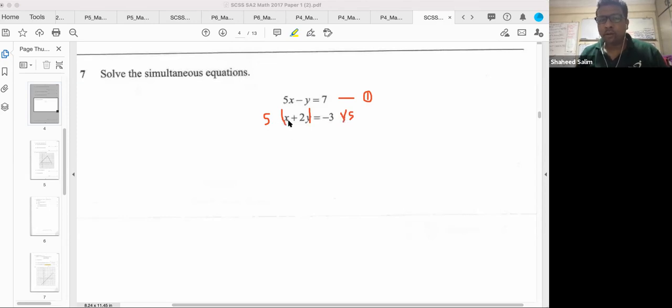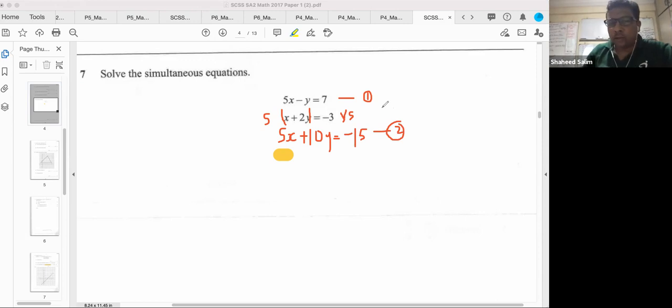So it becomes 5x. 5 times 2y becomes 10y, and then this one becomes negative 15. We call this equation 2. So far, are you okay?